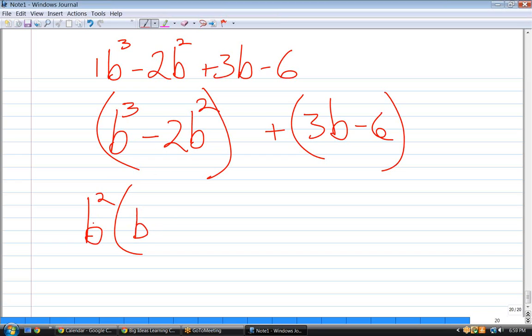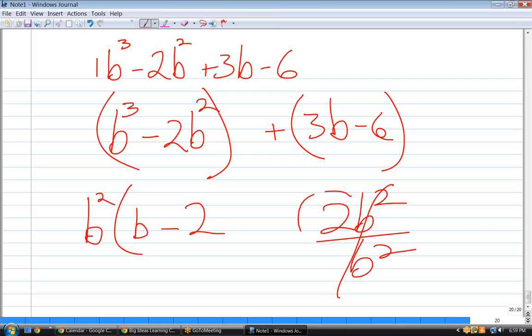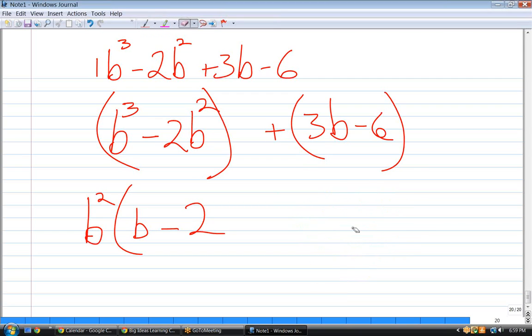It's just b. And then divide 2b squared by b squared to get the other term. It's 2. In other words, 2b squared divided by b squared, the b squareds cancel and you're left with just the 2. So, that term factored into these two factors.